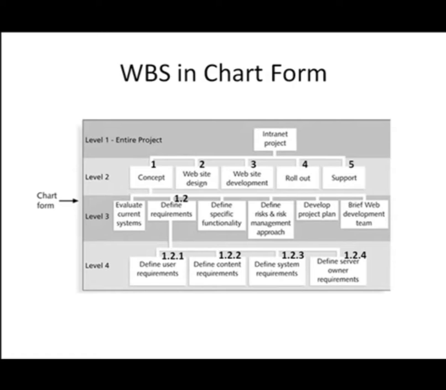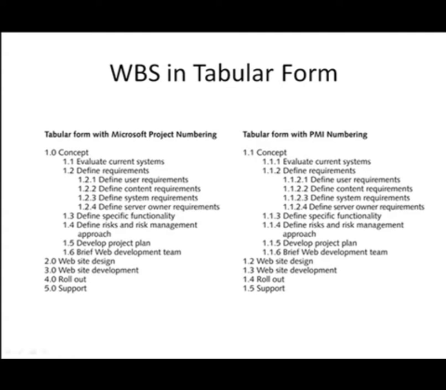Let's look at this from the chart form into the tabular form. You'll notice that the numbering systems are the same. With Microsoft Project, they have a little bit different numbering system from the Project Management Institute numbering system. You can use either one of these in your project as long as you stay consistent within that project.